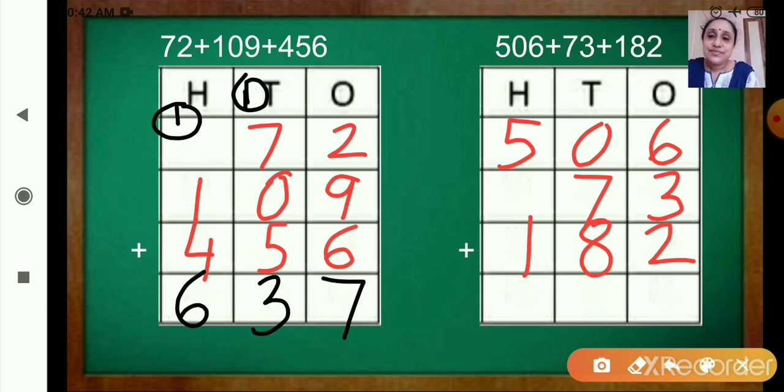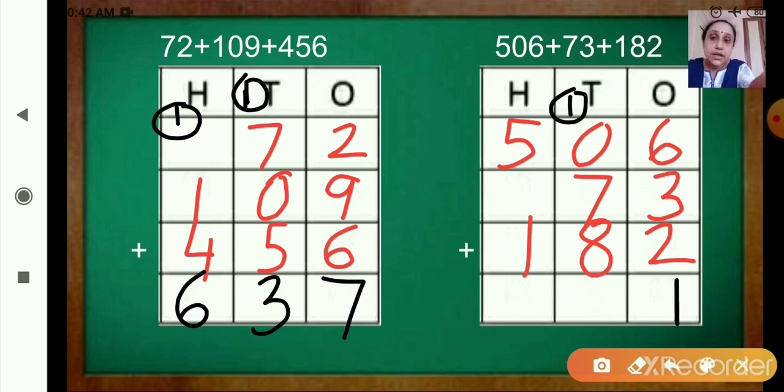Now, start adding the numbers. Now 6 plus 3, 9, and 9 plus 2, 11. So 1 we have written here. Carry 1 to the tens place.